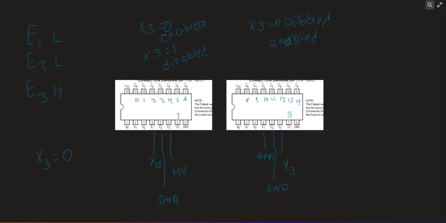And then you have X0, X1, X2 as your inputs into A0, A1, A2 on both of them.